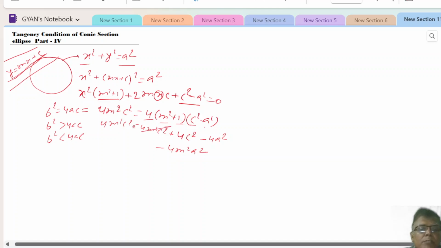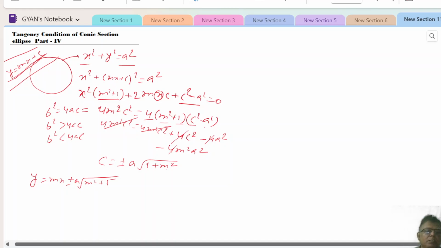So 4m square c square gets cancelled. Then c will be plus minus a root over 1 plus m square, and the equation will be y is equal to mx plus minus a root over m square plus 1.